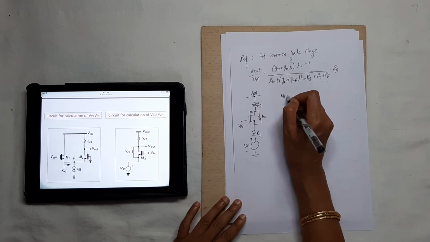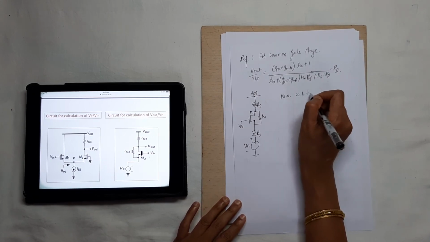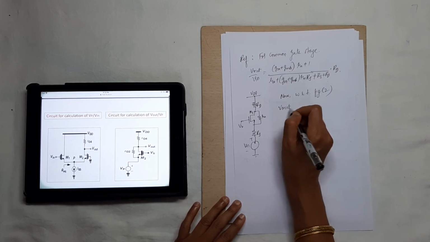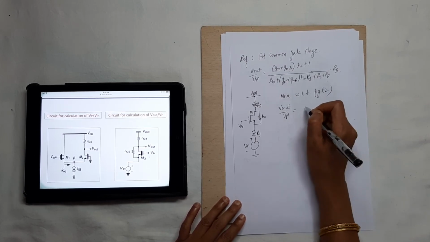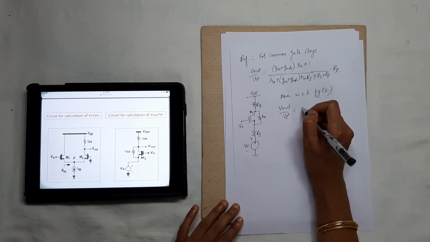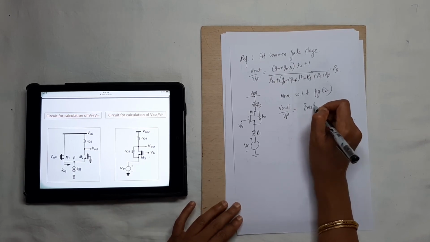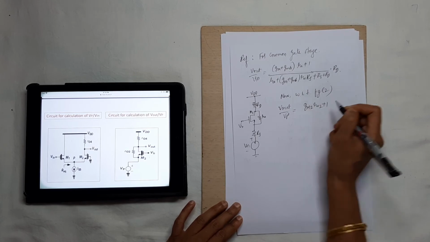Now with respect to figure 2, V out by Vp is equal to, since it is the second transistor, we have to write it as Gm2 Ro2 plus 1.